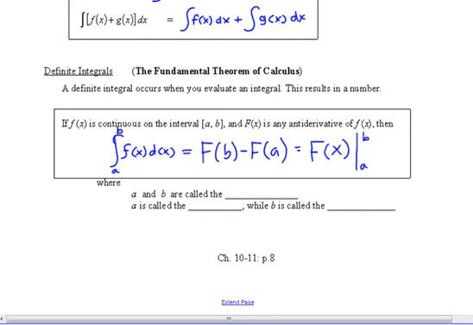Okay, so a and b are called the limits of integration. a is called the lower limit, and b is called the upper limit.